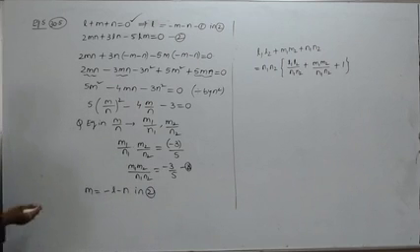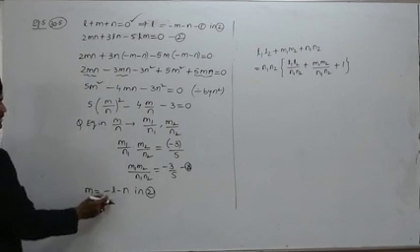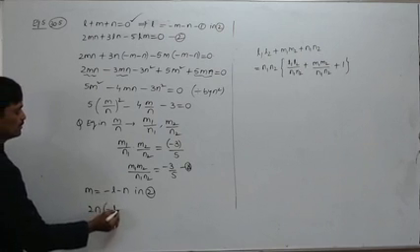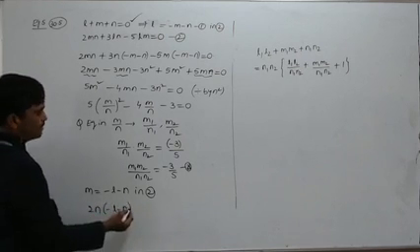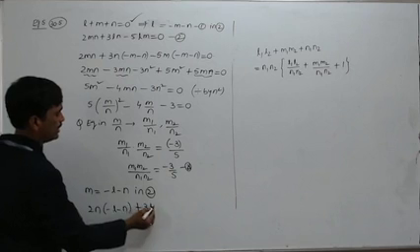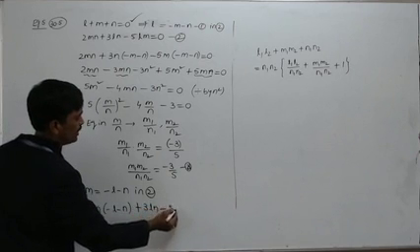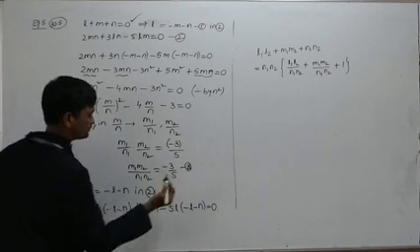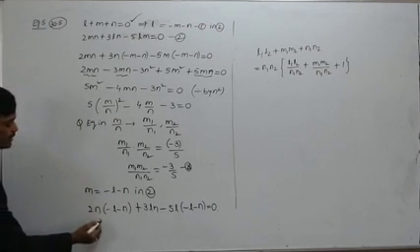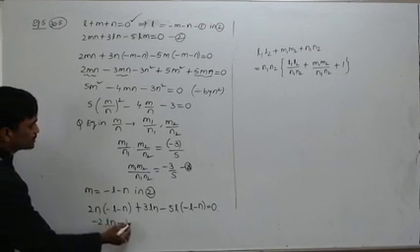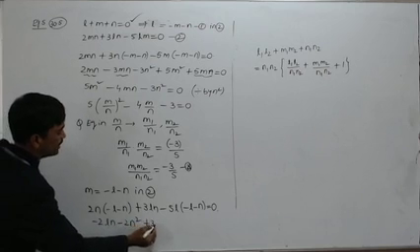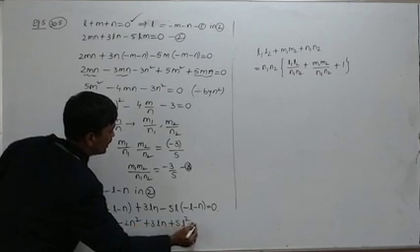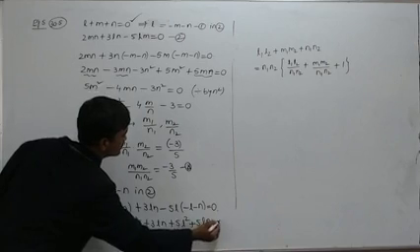If you put m as minus l minus n here, what will you get? 2n into m, m is minus l minus n, plus 3ln minus 5lm, where m is minus l minus n, is equal to 0. So multiplying, what you will get: minus 2ln minus 2n square plus 3ln plus 5l square plus 5ln is equal to 0.